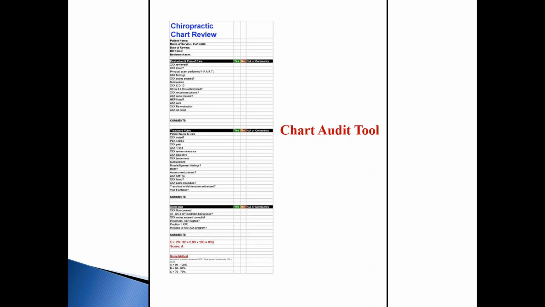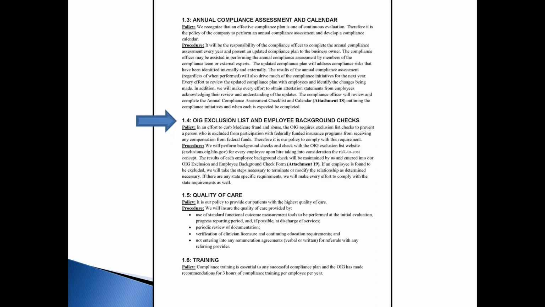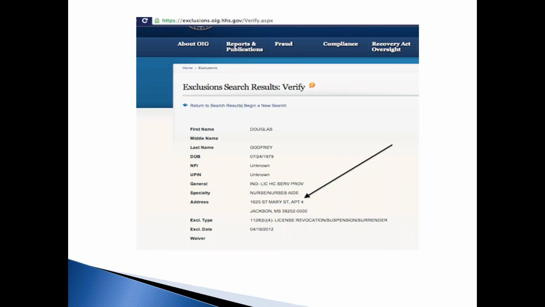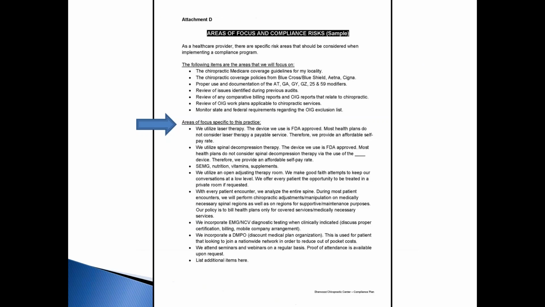And keep going with a few chart audits. Again, twice a year. If you see Medicare patients, you should do what we call an OIG exclusion list check. So go into this website and put in your name and see if you come up. Hopefully your name does not come up on the excluded list. So this is just part of a basic billing and coding manual.